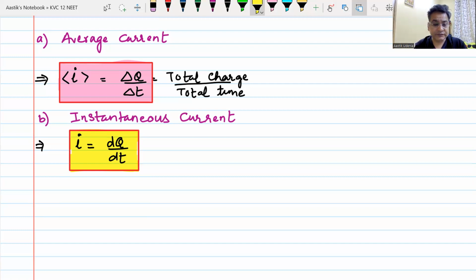Now, current is a scalar quantity, but current has a direction. Current has a magnitude, current has a direction, but it is still a scalar quantity. Now that's one thing that may be asked.